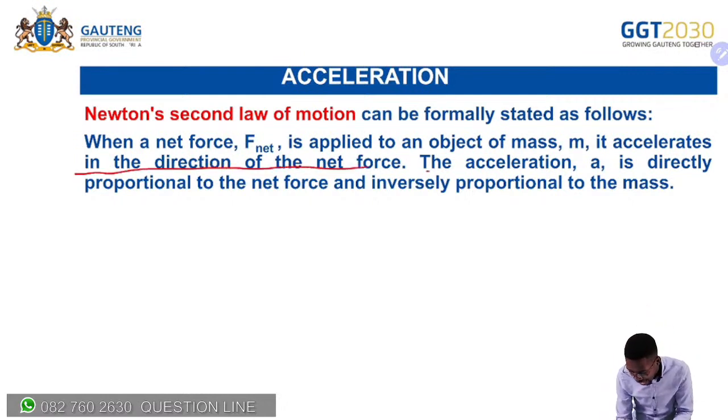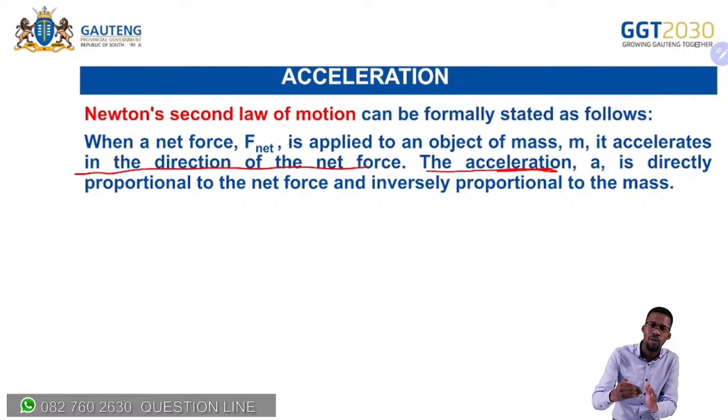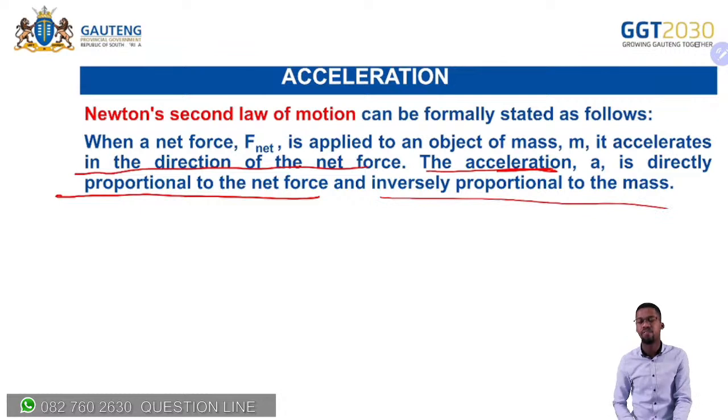We are saying that, specifically, you cannot say net force is directly proportional to acceleration. You cannot say that. Let's speak the correct science. We are saying that acceleration is directly proportional to the net force and inversely proportional to the mass. There's a reason for this. It is because acceleration depends on the net force exerted and also depends on the mass of the object.